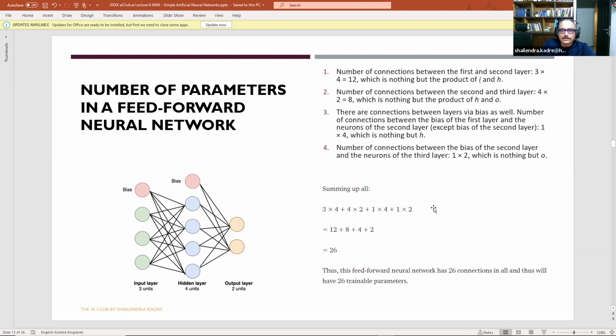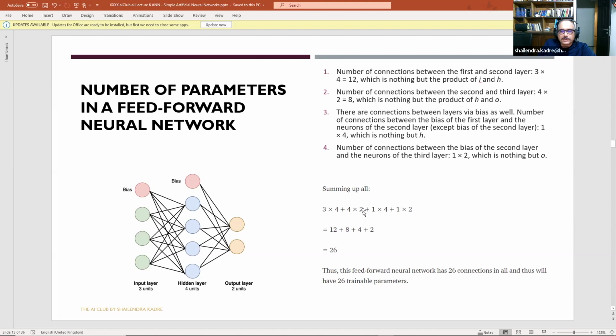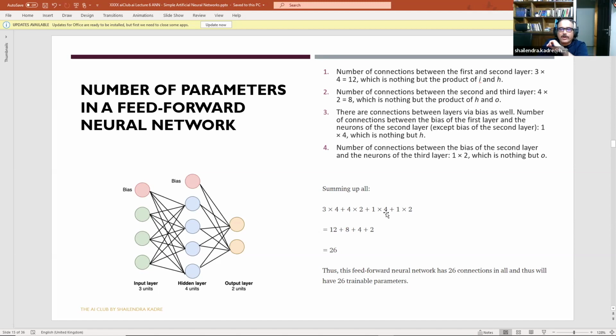Don't get confused by this: 3 into 4 plus 4 plus 4 into 2. The weights are calculated first: 3 into 4 between the first two layers, and 4 into 2 between the next two layers. Then he has added the biases, 1 into 4 for the first layer and 1 into 2 for the second. So in total 20 weights and 6 biases, 26.